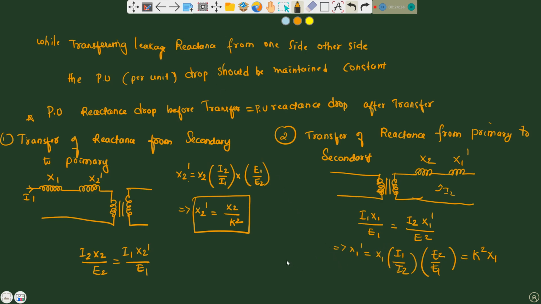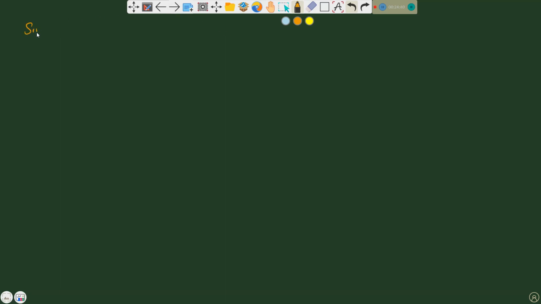Similarly, the total leakage reactance with respect to primary side will be considered as x01, which equals x1 plus x2 dash.